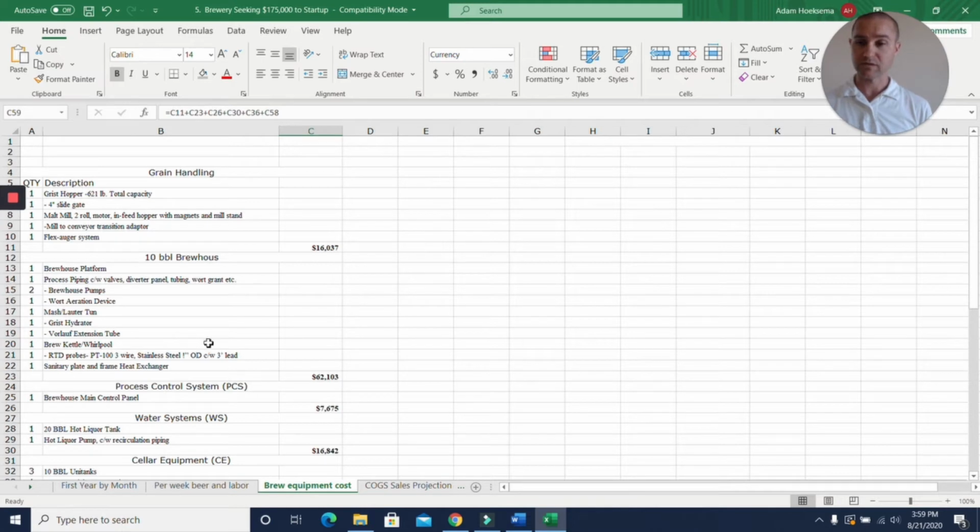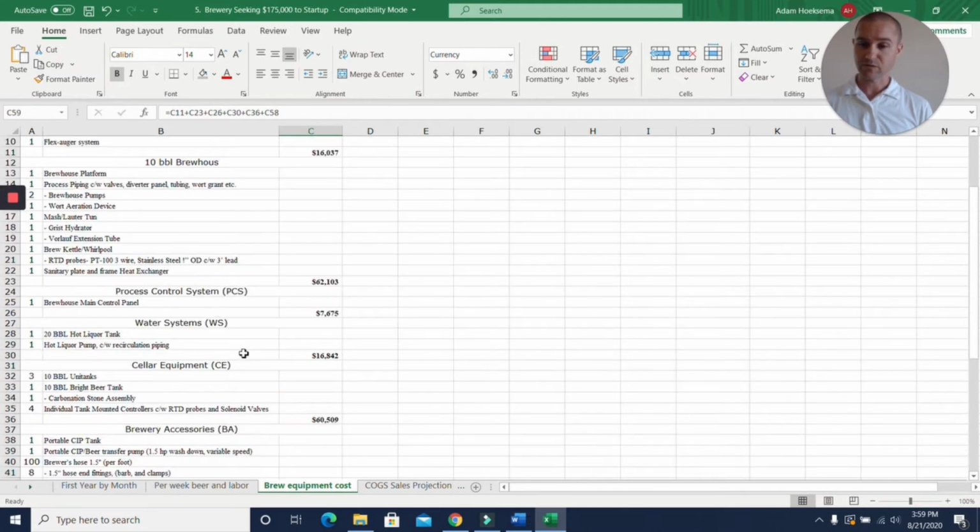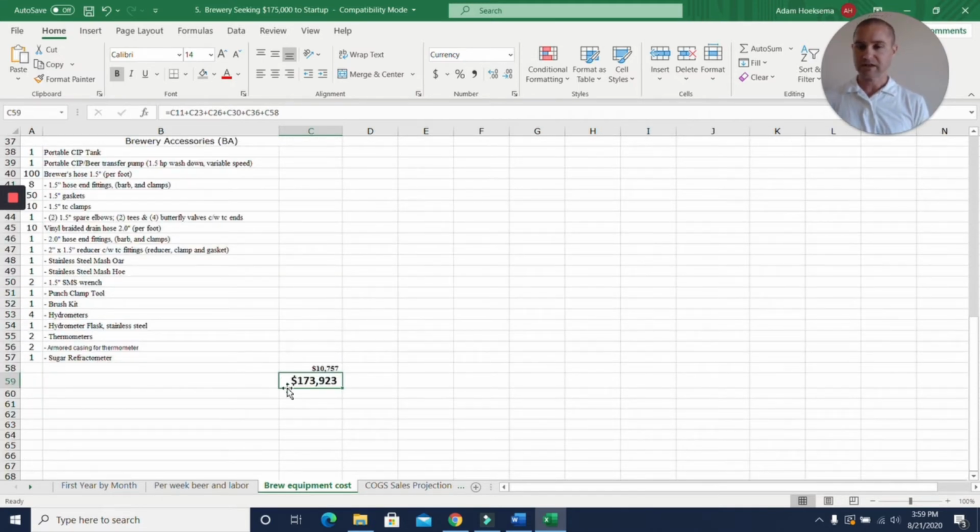Is there going to be any build out for the facility that isn't included, or just other working capital startup costs? As a potential lender or investor, I don't know if you need $173,000 or if you actually need $250,000 after you do some build out and have some working capital.